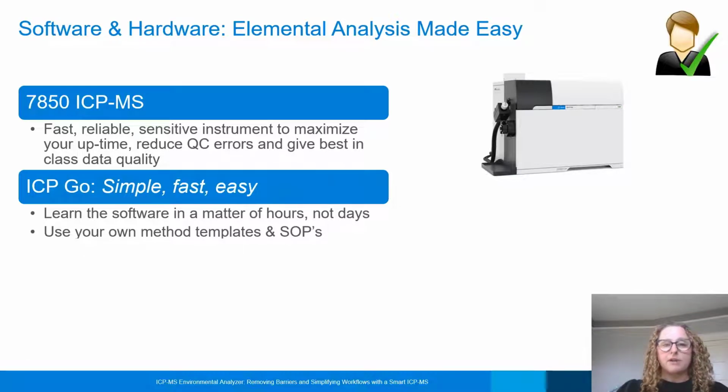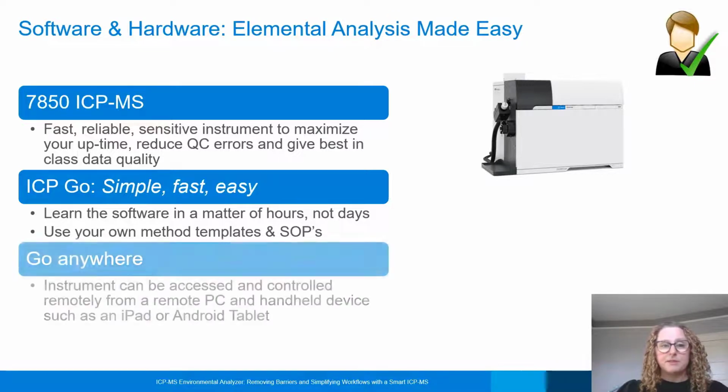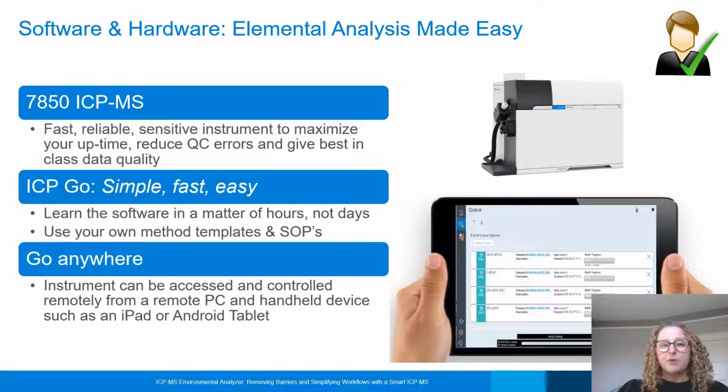All the software is done for you in a matter of hours, not days. But you could use your own method, templates, and SOPs. And with the Go, you can go anywhere. Your instrument can be accessed and controlled remotely from a PC or a handheld tablet or device, such as an iPad or an Android tablet.